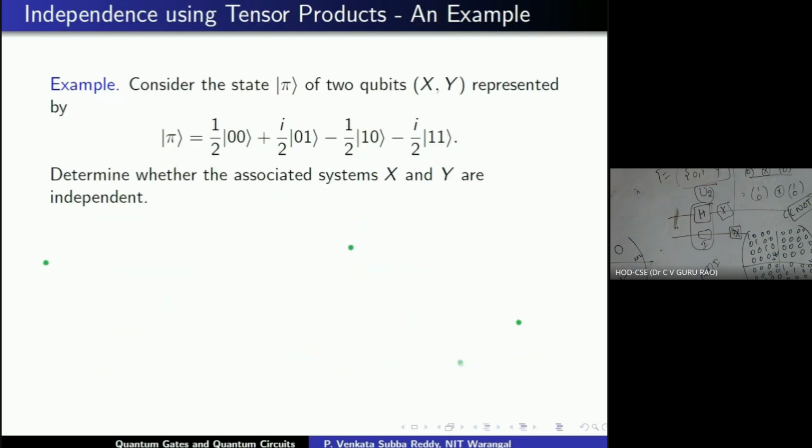Now let us take this state. Is it a 2-qubit or single qubit state? 2 qubits. Now what is the question? Is it possible to write it as a tensor product of first system state and second system state?